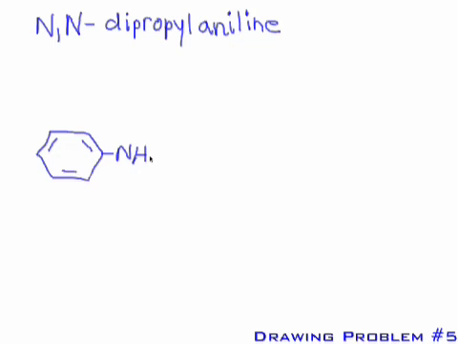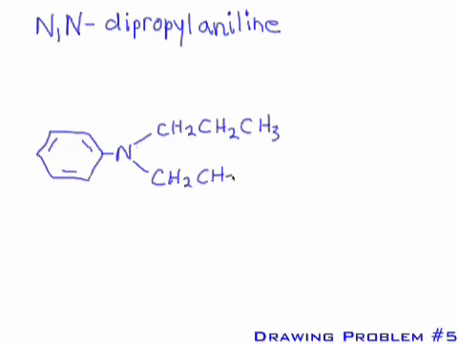That is aniline. But when you say N,N-dipropyl, the H's are replaced by propyl groups. And so you would have CH2, CH2, CH3, CH2, CH2, CH3. And there you go, N,N-dipropylaniline.